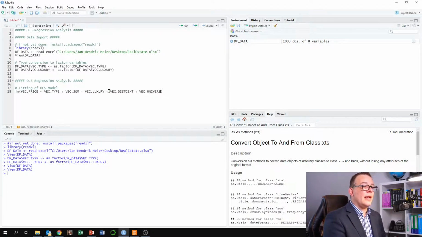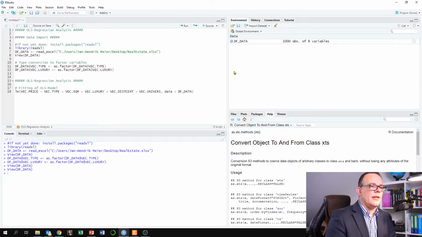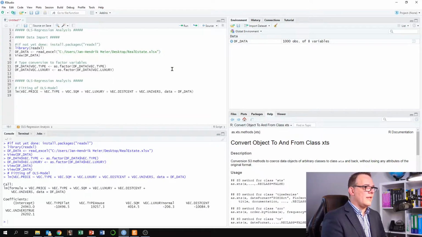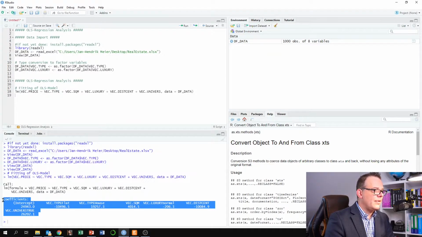And that was it. And now, of course, since we didn't attach this data set, we need to hand over data is df data so that the model shall access this data frame.